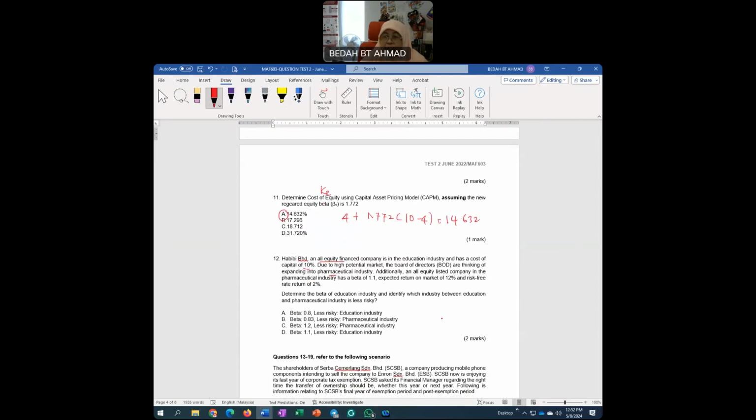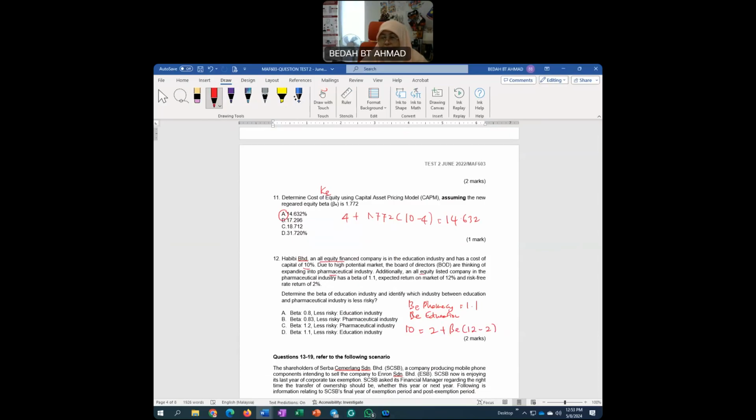So you can identify the beta. Beta pharmaceutical is 1.1. So what is the beta education? Based on the CAPM, we can find out the beta education. Because you are given 10%, this is the cost of equity, equivalent to the risk-free 2 plus beta equity, which we want to find out, multiplied by the expected return 12 minus risk-free rate of return 2, so it's 10.